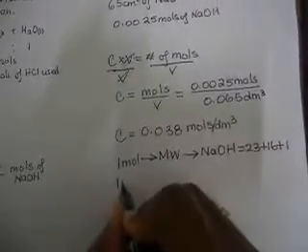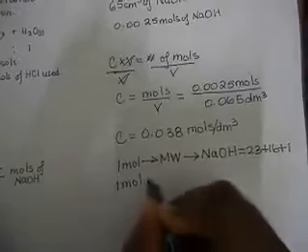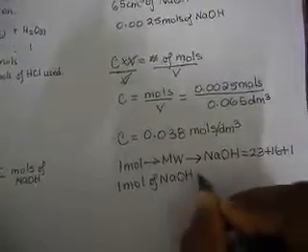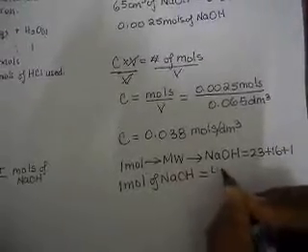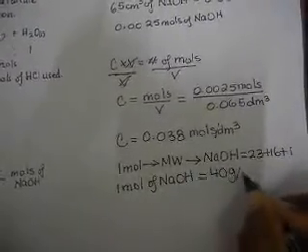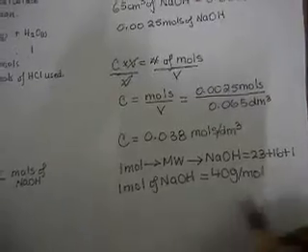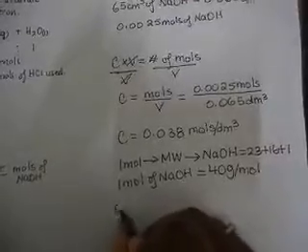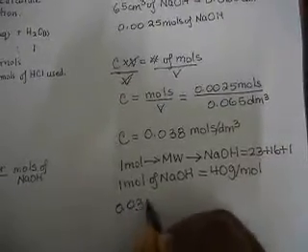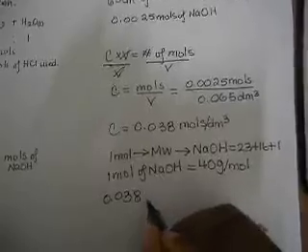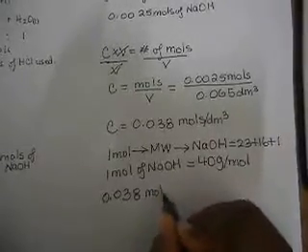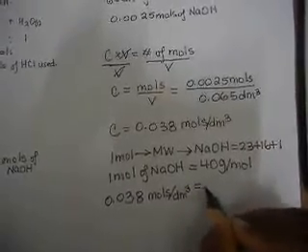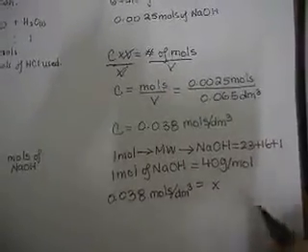So therefore 1 mole of NaOH contains 40 grams per mole. And therefore if we have 0.038 moles per decimeters cubed, we can very well find out the grams.